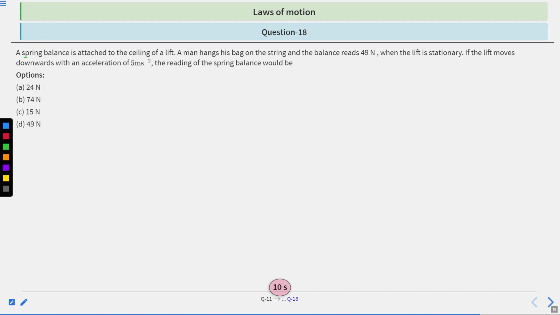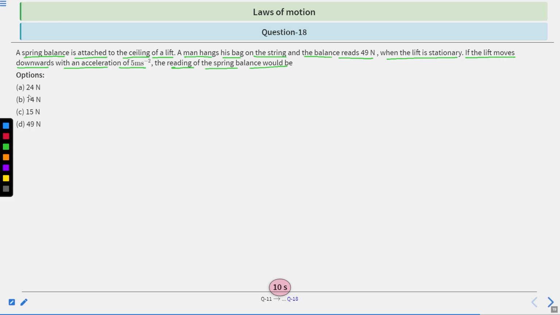A spring balance is attached to the ceiling of a lift. A man hangs his bag on the string and the balance reads 49 Newton when the lift is stationary. If the lift moves downwards with an acceleration of 5 meter per second square, the reading of the spring balance would be what?